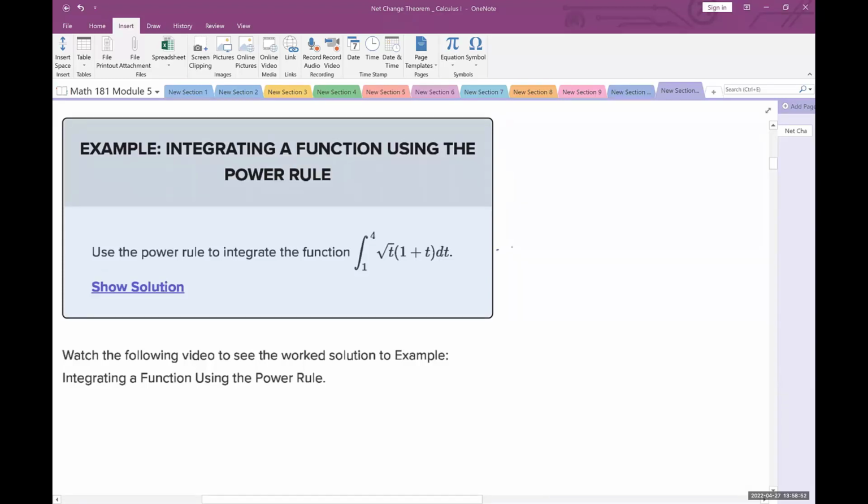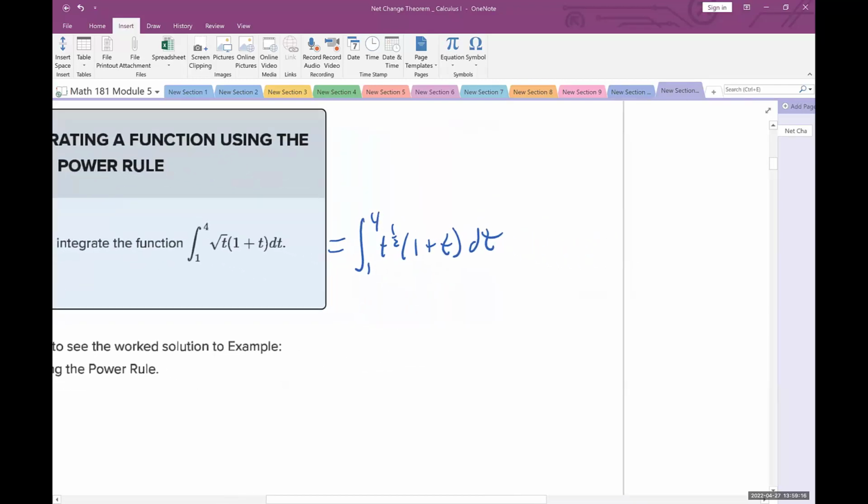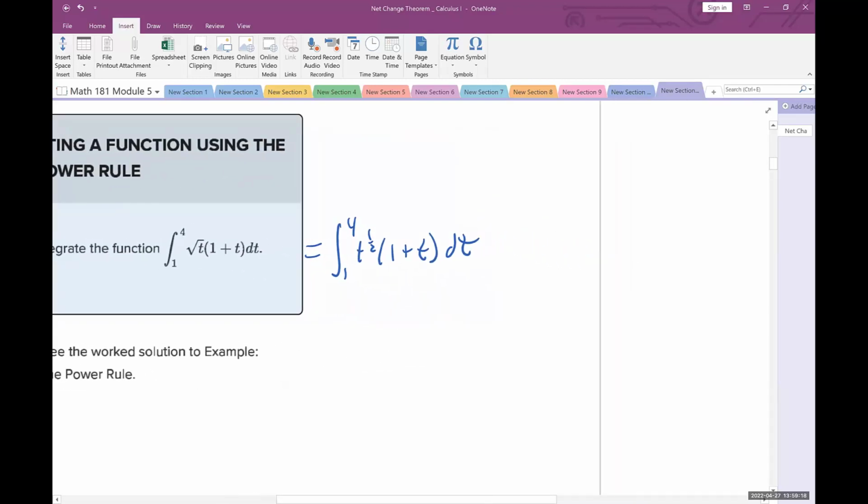When you have a problem like this, my recommendation is to distribute everything you can and then take it a little piece at a time. So you have the integral from 1 to 4 of t to the 1/2 times (1 plus t). It's okay if you want to leave it with the square root, but for me it's easier to see everything in terms of powers.